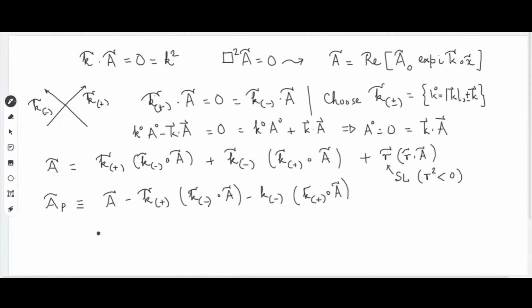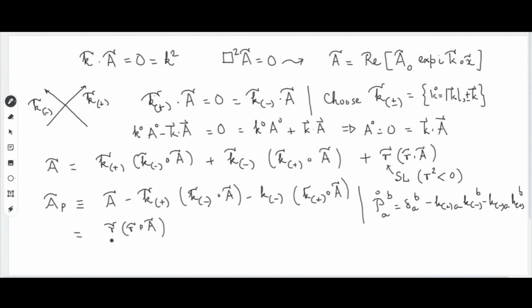And therefore, you can see A_P is nothing but R times R dotted into A. So this is exactly like saying that there's a projection operator, P_AB, which is equal to delta_AB minus K plus_A K minus_B minus K minus_A K plus_B. Exactly, which is something we discussed in class.